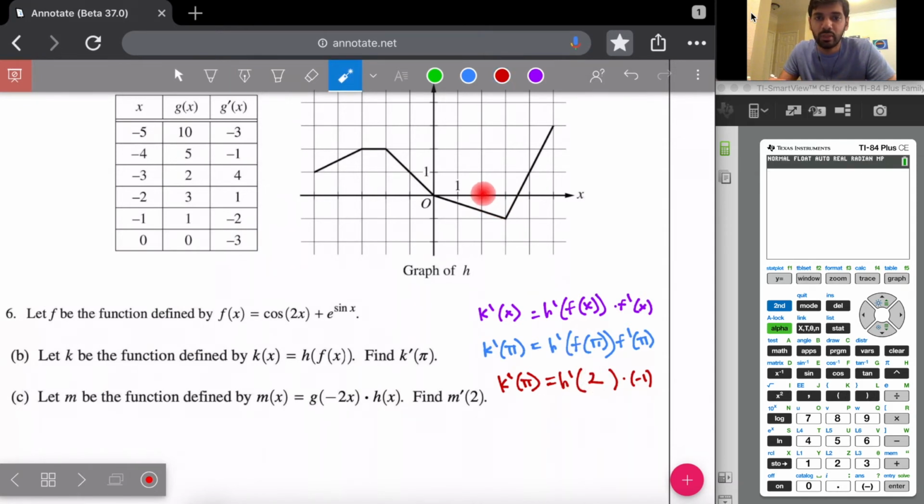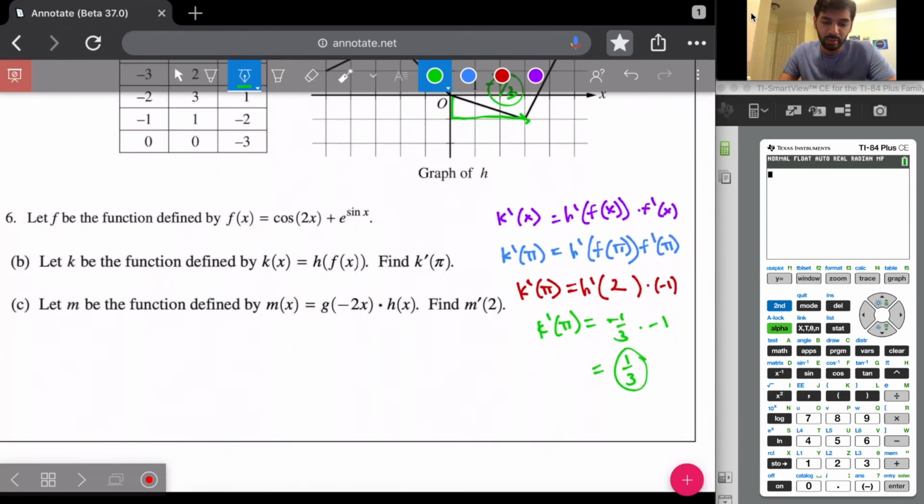Here's 2, and h prime is the slope at that point. If you look at your graph here, it's going down 1 over 3. This is a slope of negative 1/3. So now I have k prime of pi equals negative 1/3 times negative 1, which is equal to positive 1/3. And there you go, there's your derivative of k evaluated at pi.